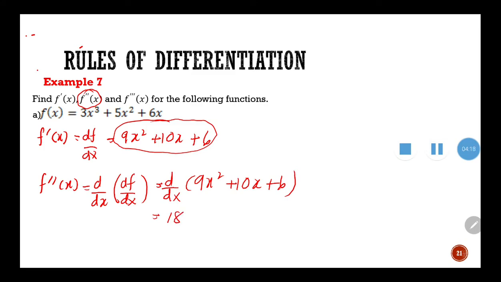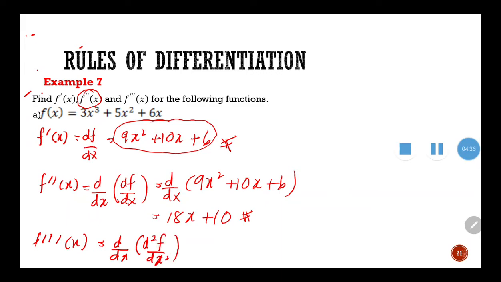You get 18x plus 10. Right. And then dapat dah yang ni. Then f triple prime x maksudnya dia adalah d/dx of d square f over dx square.